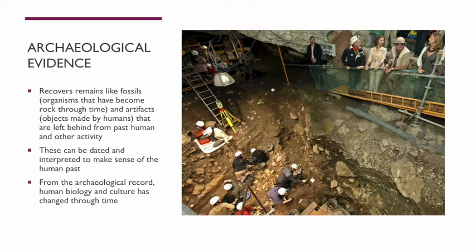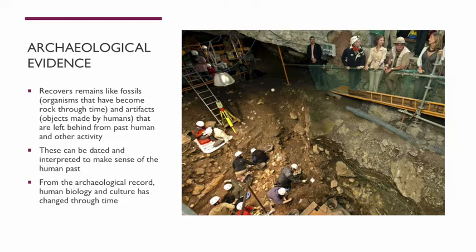And then for this particular unit, the idea of artifacts, human artifacts, objects that were made by humans that also are preserved and provide information about past humans and past human behavior. Now, both fossils and artifacts can be dated, and we date them and we interpret them to make sense of what humans were like in the past, what humans did in the past, what humans thought in the past, and so on.